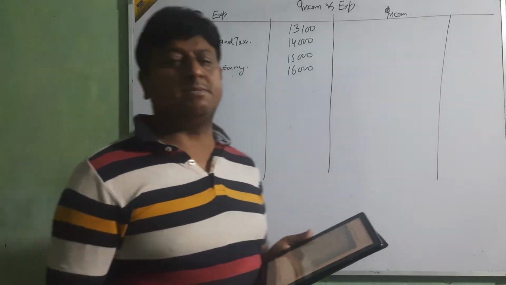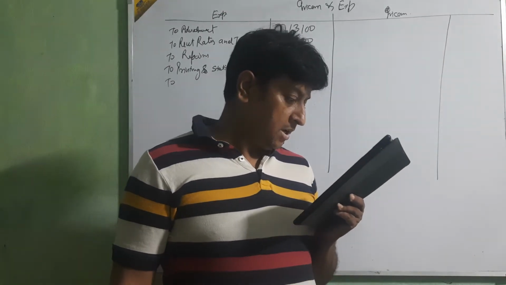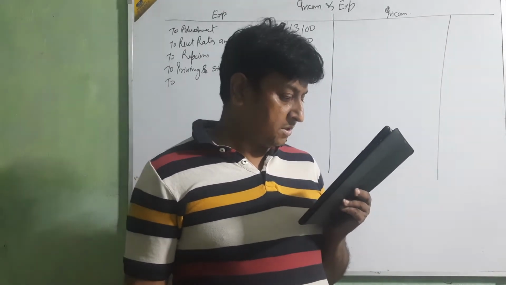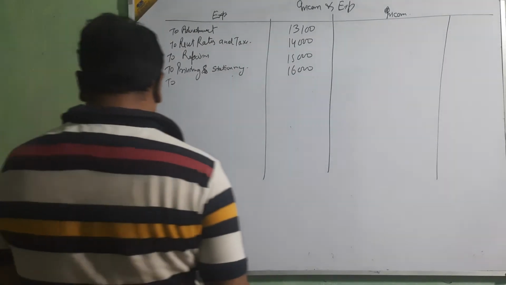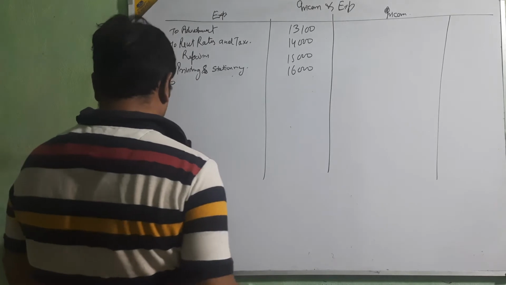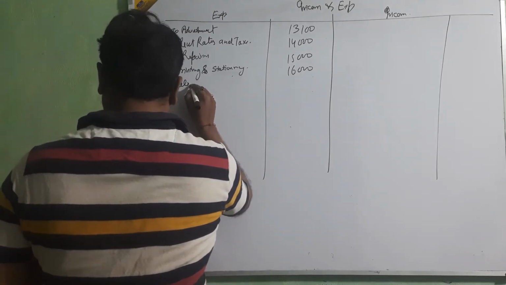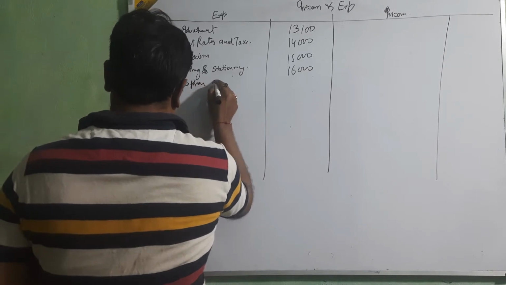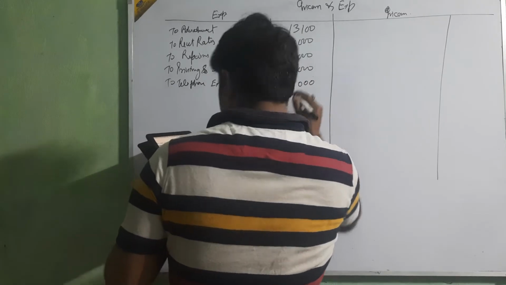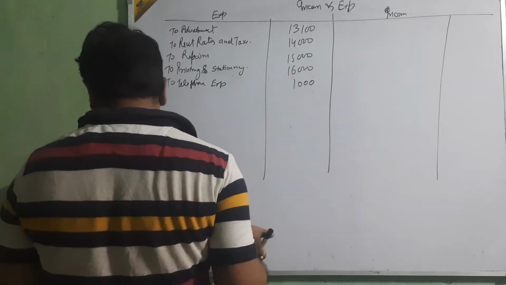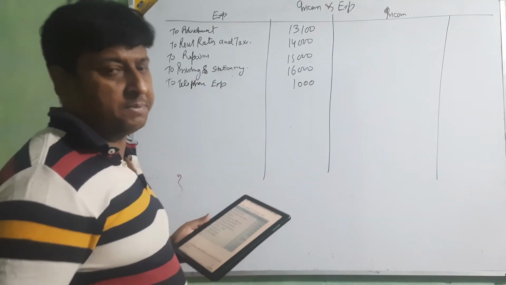It's not an expense, beta. Okay, government grant. Then telephone expense, 1,000. Then furniture. You have no need of furniture, beta, because it's a capitalized item.